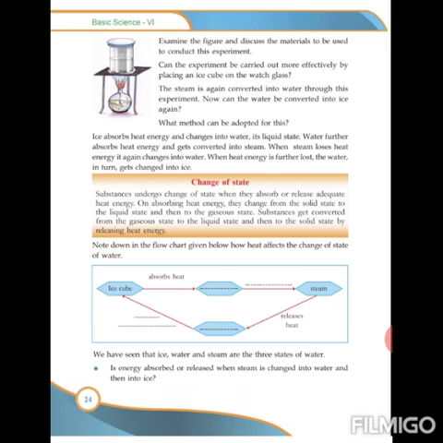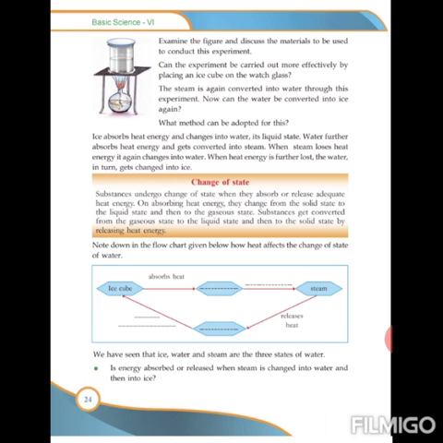Now next, change of state. Substances undergo change of state when they absorb or release adequate heat energy. On absorbing heat energy, they change from solid state to liquid state and then to gaseous state. Substances get converted from the gaseous state to the liquid state and then to solid state by releasing heat energy.